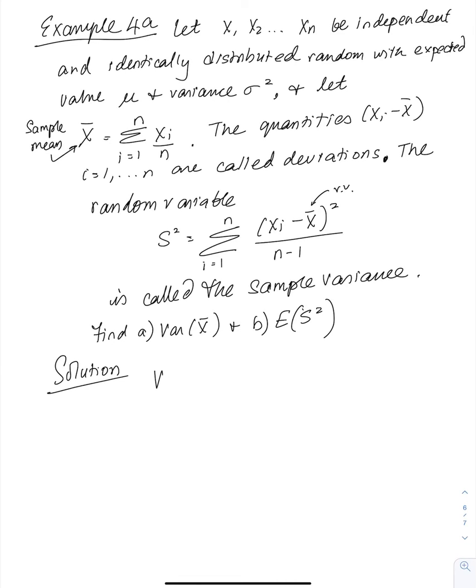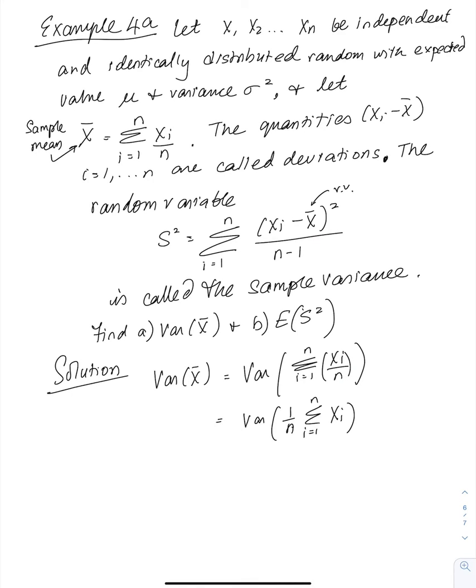Okay. So what is the variance of x bar? The variance of x bar will be the variance of this sum, right? This 1 over n is in every single term in the sum, so I can take it out.